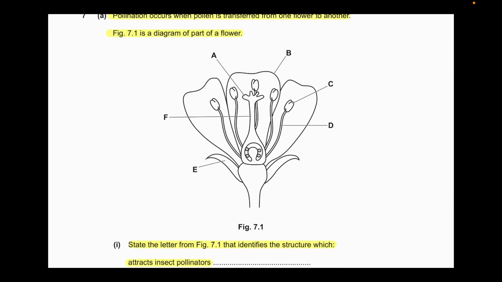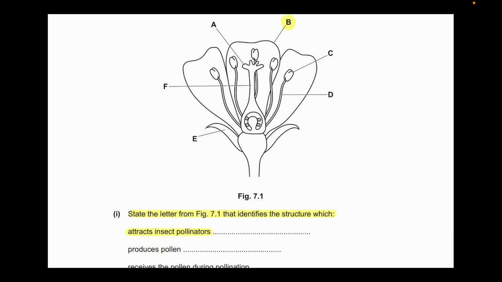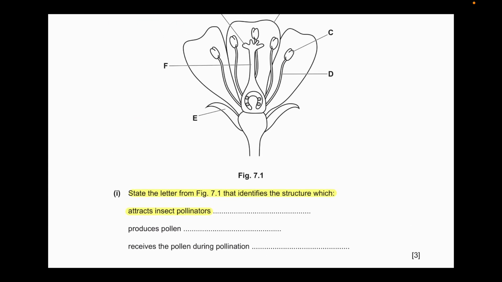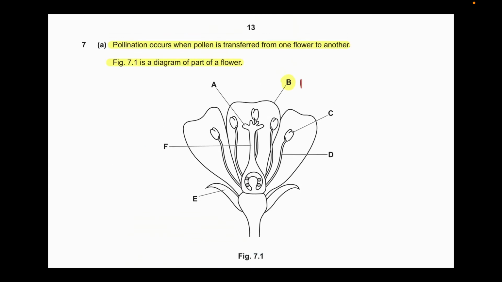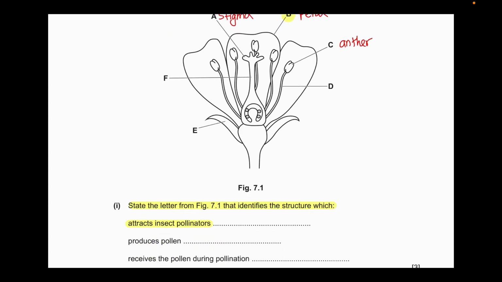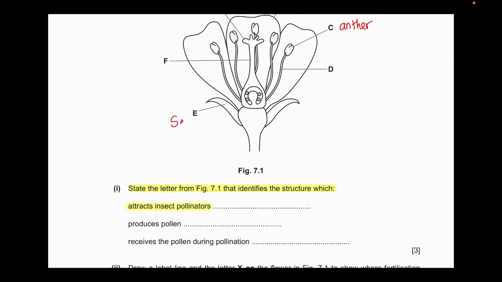Now, insect pollinators are definitely attracted by the petals, and B is labeling the petal. So, definitely it is going to be B. Let's just write down the names here. This is the petal. A is the stigma. And C is the anther. Okay. E is the sepal.